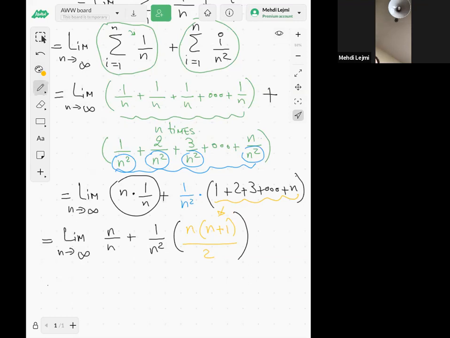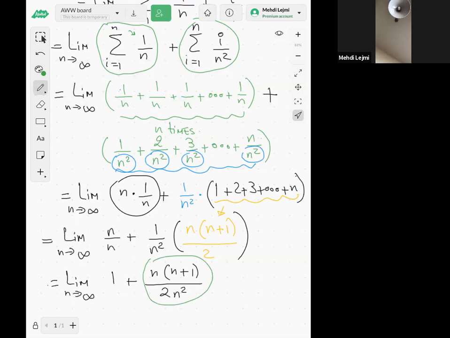But anyway, this would be equal to limit n goes to infinity, so n over n is 1, plus n times n plus 1 over 2n squared. Now we need to compute the limit. So what will be the limit of this term here? So n is going to infinity.